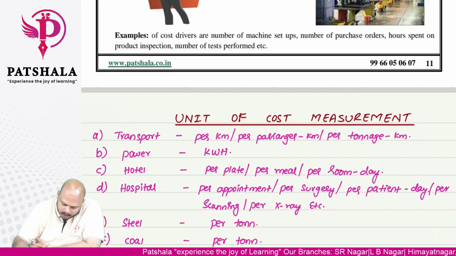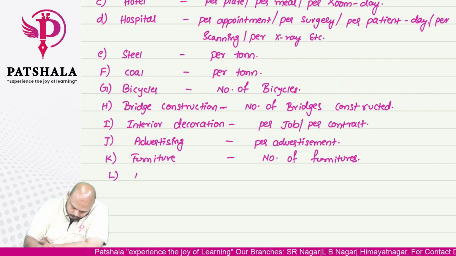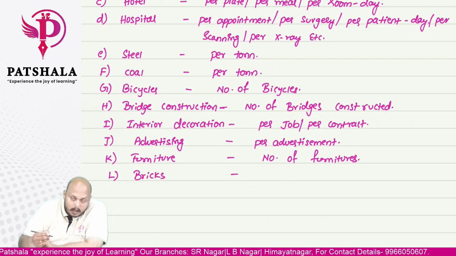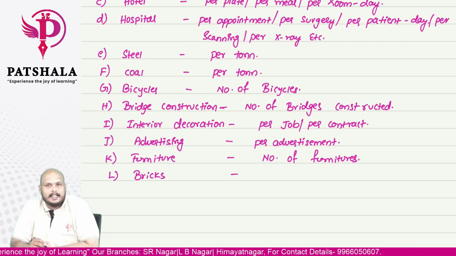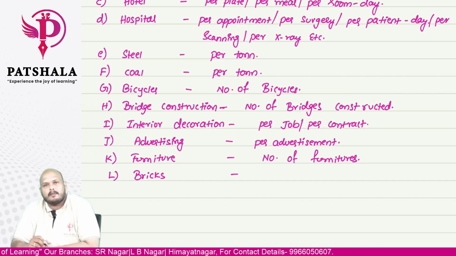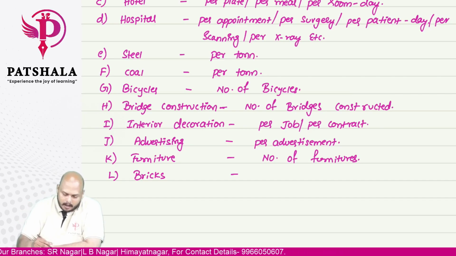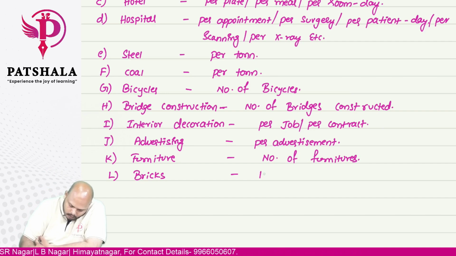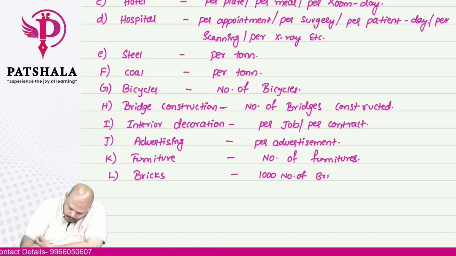Brick. In the case of bricks manufacturing industries, the unit of cost measurement which is used is either they will measure 1000 number of bricks or 100 bricks.